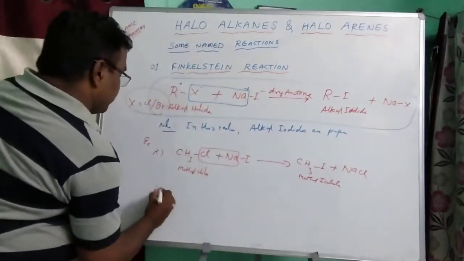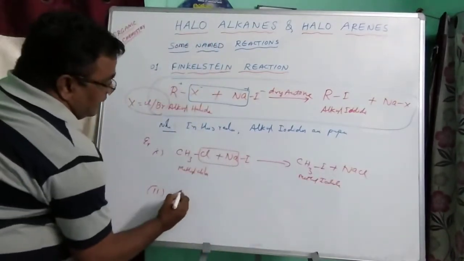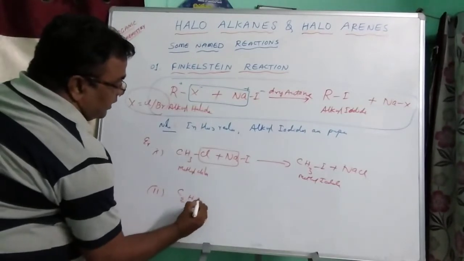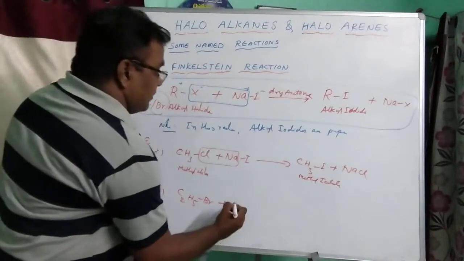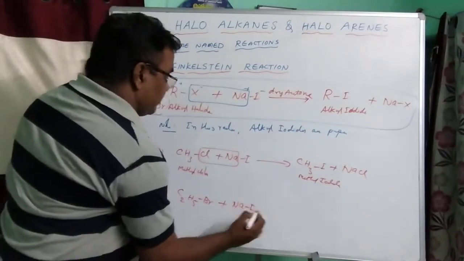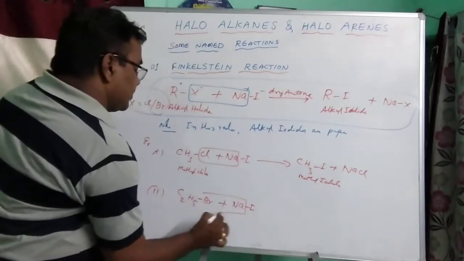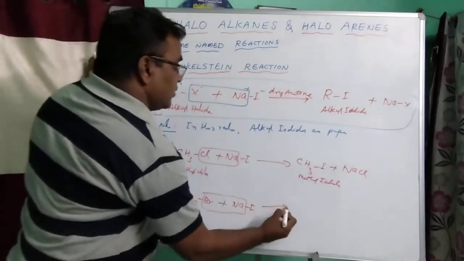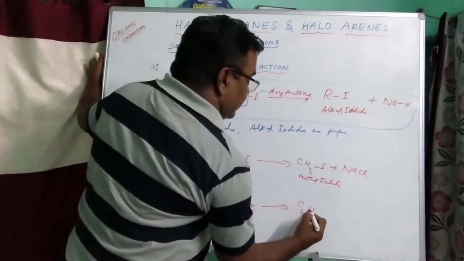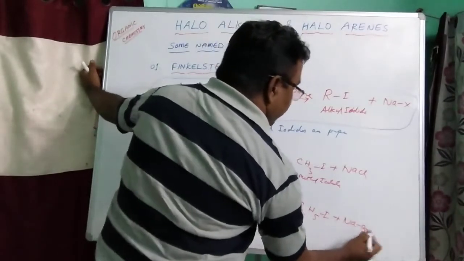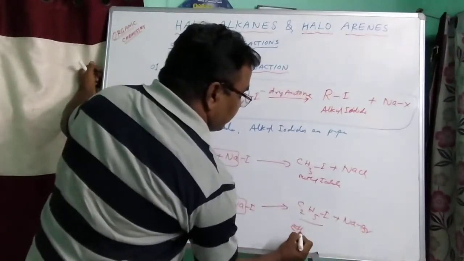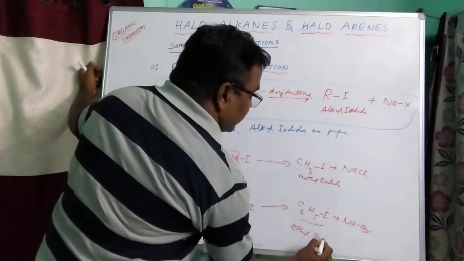Next, example 2. We take another alkyl group, ethyl. X is the halogen bromide. Ethyl bromide plus sodium iodide. The byproduct is sodium bromide. So the main product is ethyl iodide plus sodium bromide.